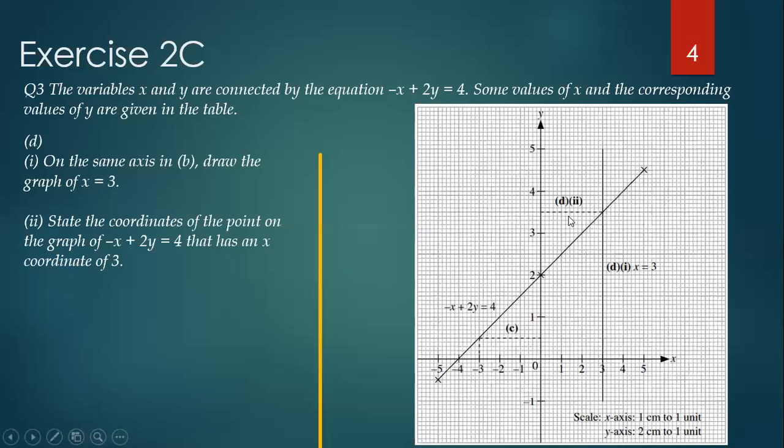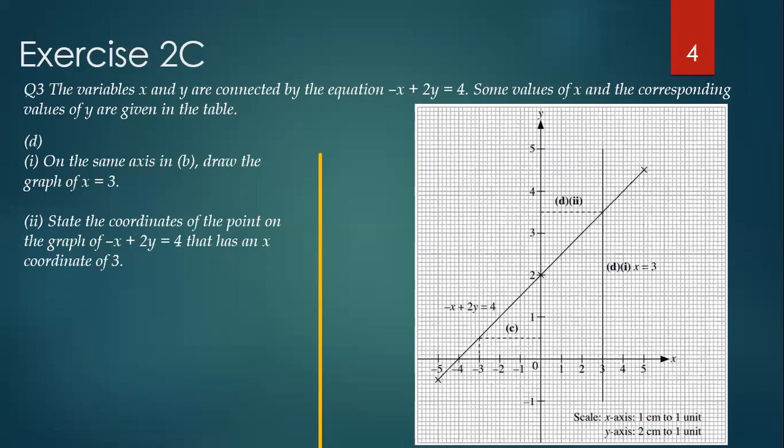Now if you draw x equals 3, the question is: state the coordinates where this line x equals 3 meets this slope of the equation minus x plus 2y equals 4.